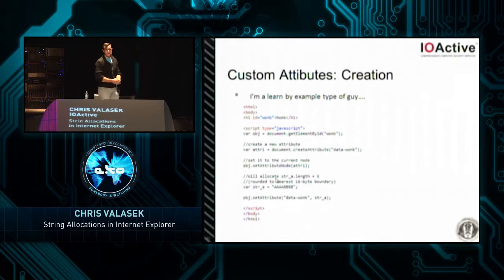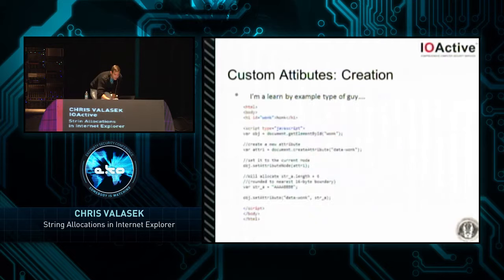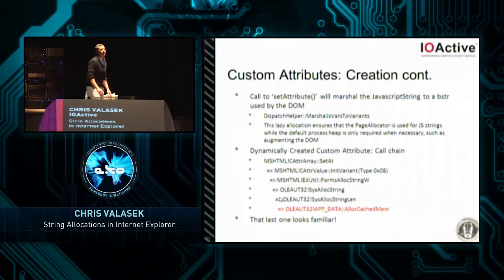And the nice thing about this is you have full control of how much memory you allocate based on the size of the string you pass it. The call to set attribute here at the bottom is the most important because this gives us a gateway to the DOM from JavaScript. As we saw before, causing direct allocations directly from JavaScript is very difficult, and I couldn't find a very good way to do it.